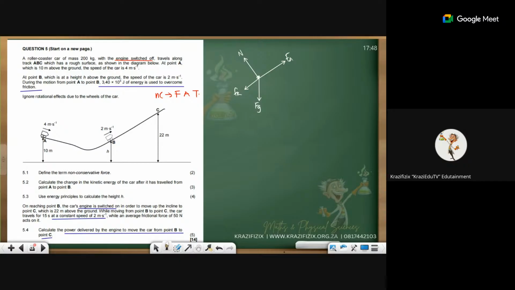I would like to use work done by non-conservative forces. So what would that be? The work done by non-conservative forces is change in kinetic plus change in potential energy. Now, what is the work done by non-conservative forces? It is the work done by friction plus work done by force applied.